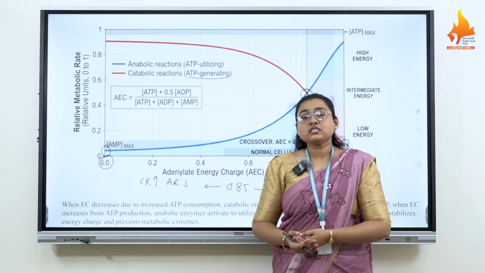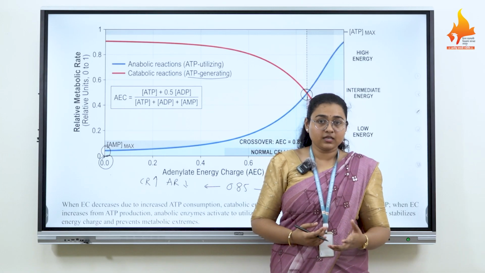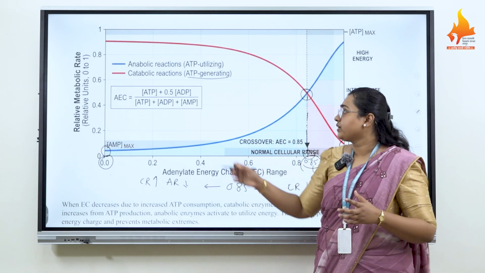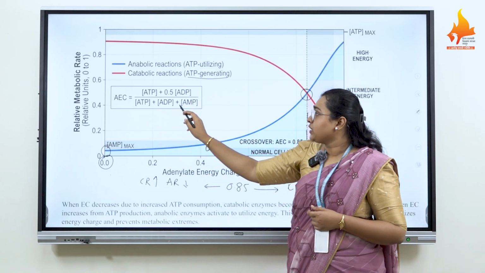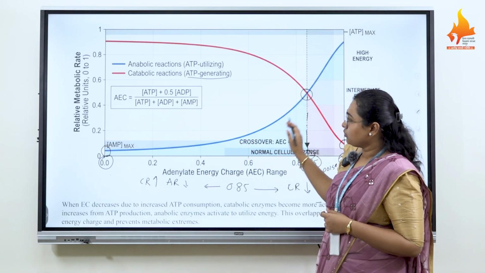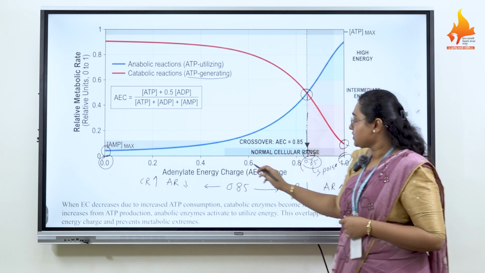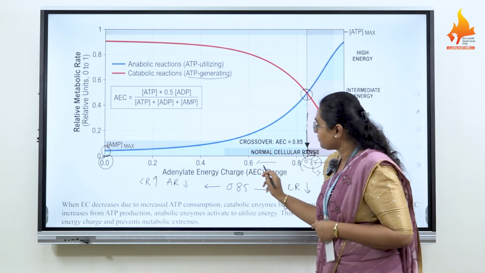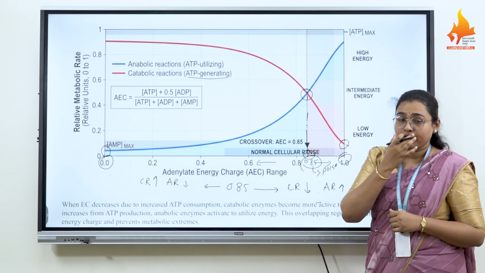Then separate these adenine nucleotides with the help of HPLC, and with the help of a UV spectrophotometer calculate the concentration of ATP, ADP and AMP, put it into this formula and then into the graph, and see whether your cell has a value more than 0.85 or less than 0.85.